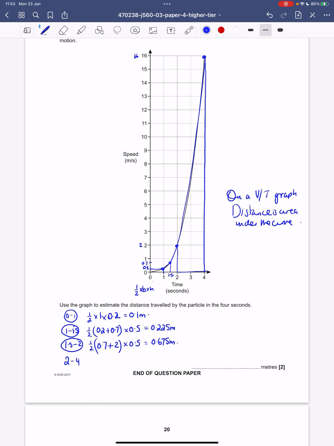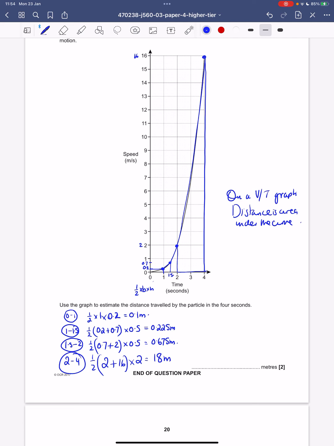No, that looks like a trapezium. Half of 2 plus 16 times the distance between them, so that's times 2. So that's going to be 0.5 times 18 and then times 2. 18 meters.